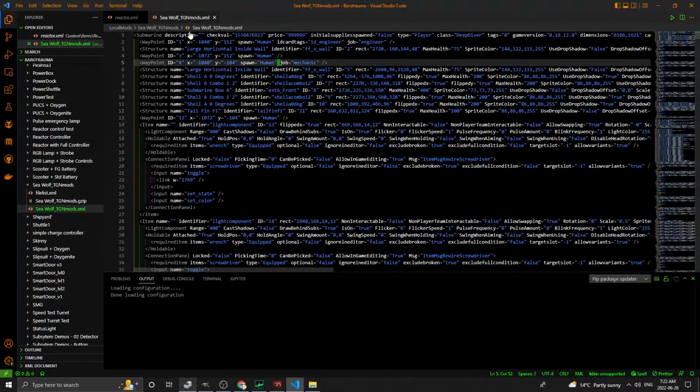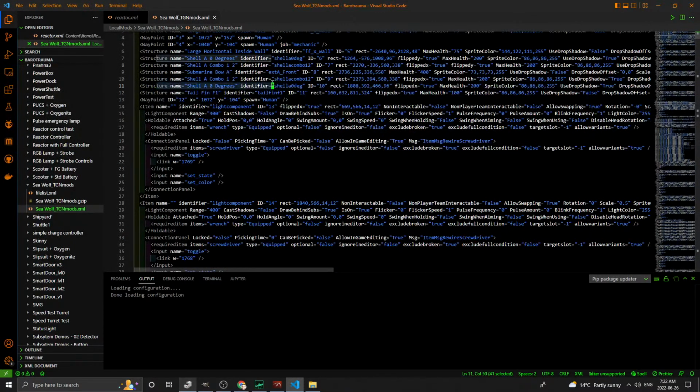So I can tell you, just by looking at it, that the first thing you did when you built this thing was start with a large inside wall. Then you started with a shell file. Then you started with another shell file. You built the shell of the sub before you started building the inside of your sub. Tell me if I'm right or wrong.